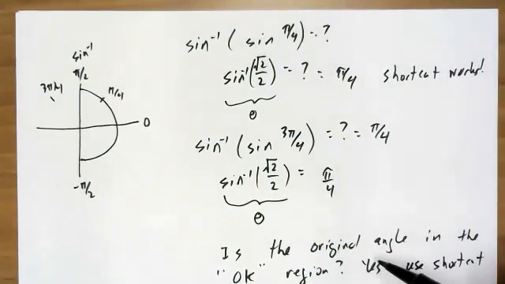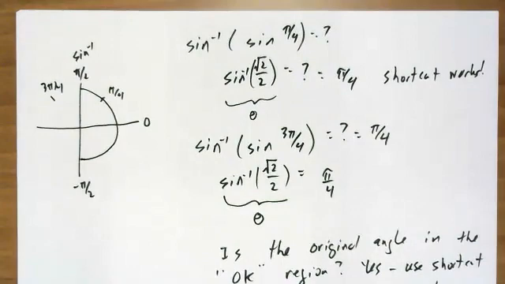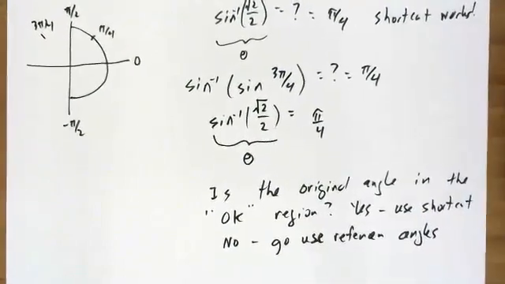However, if the original angle is not in the OK region, then you have to use reference angles. Okay, so this is where it gets a little confusing.